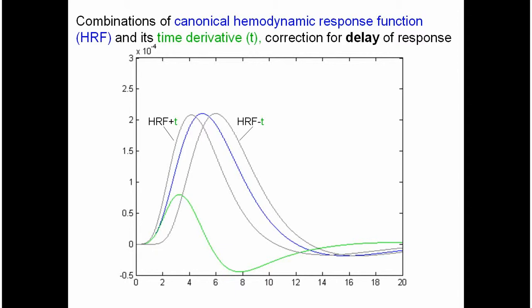But to take into account this uncertainty, we can either add the time derivative to the canonical response and we get something earlier, or we can subtract and we get something slower and later. In this way, we can model much more varieties of the shapes of the hemodynamic response.